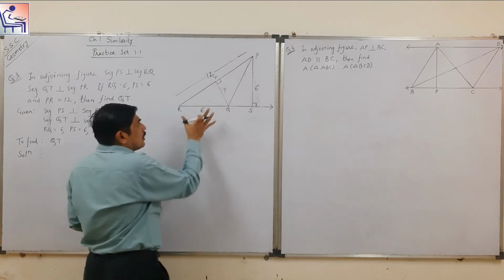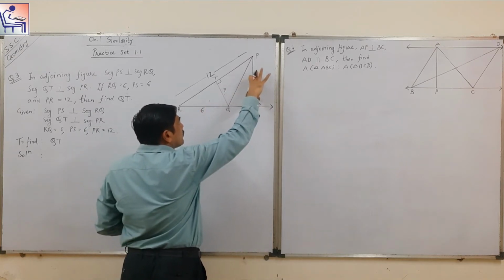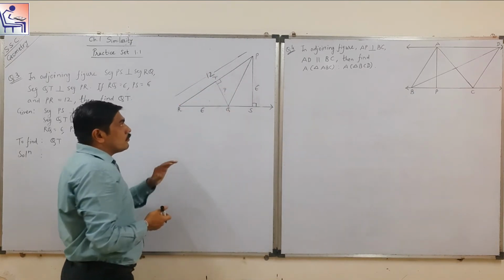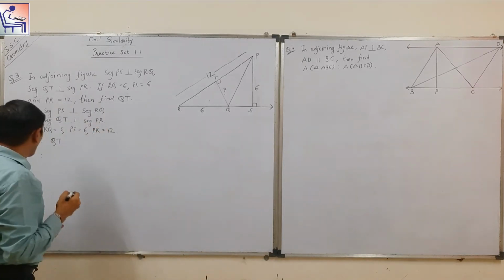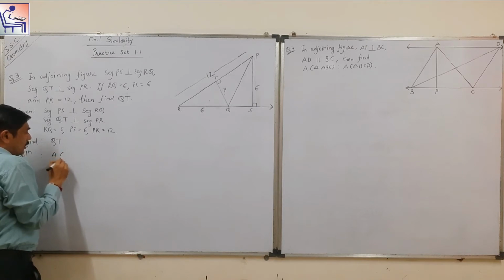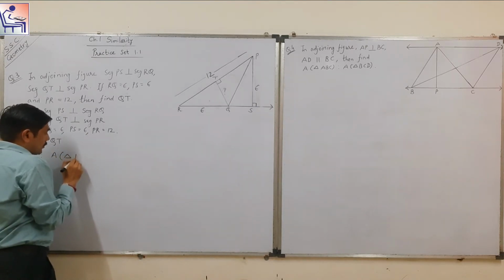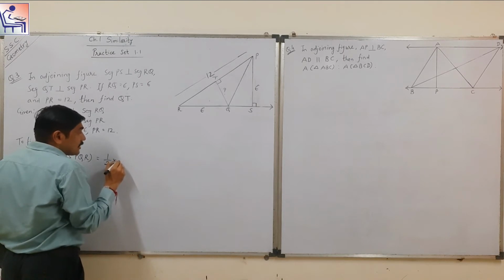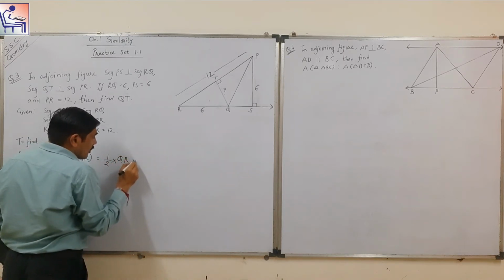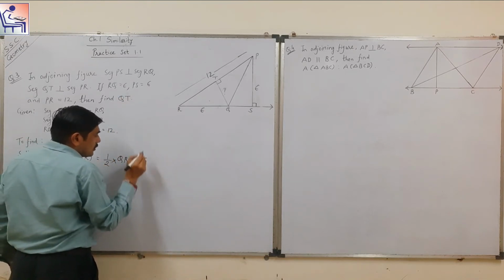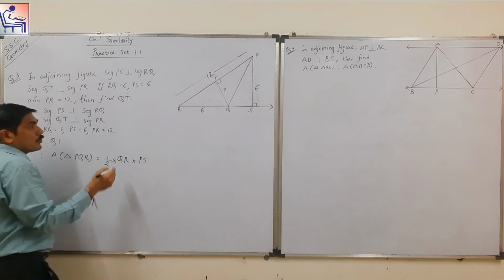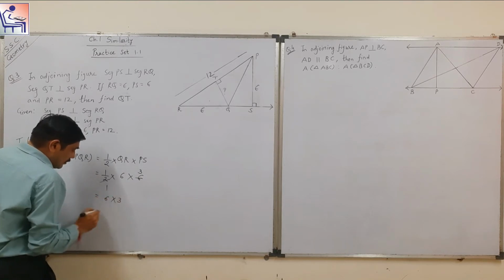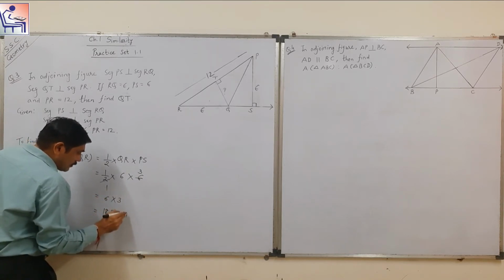And if we look carefully, we know the base and this height of PQR, so this is the base and this is the height. So we will apply the formula first, we will find out area of triangle PQR is equal to half into base, which is QR, and height is PS, so half into QR is 6 and PS is also 6. So here we are getting 18 square units.